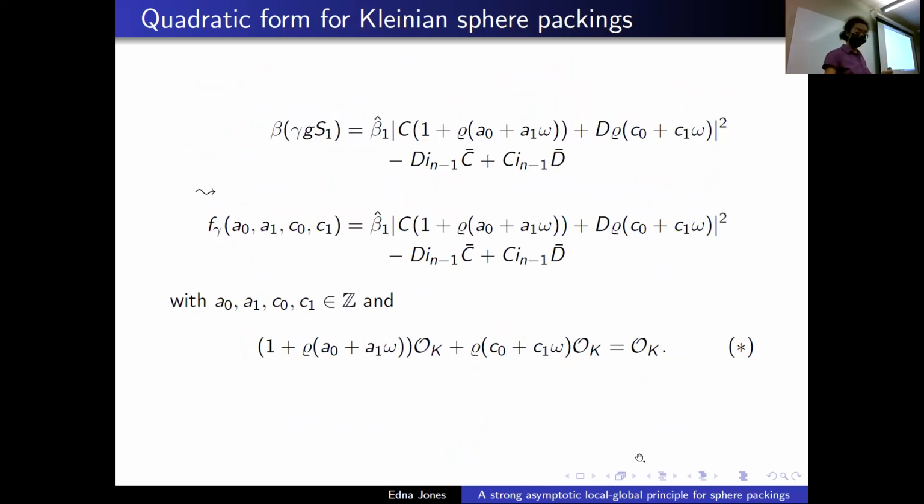So, okay. I have this quadratic polynomial. I'm actually going to give it a name, f sub gamma. I'm looking for things represented by this quadratic polynomial such that A0, A1, C0, C1 are integers, and this element and this element are relatively prime in my ring of integers.